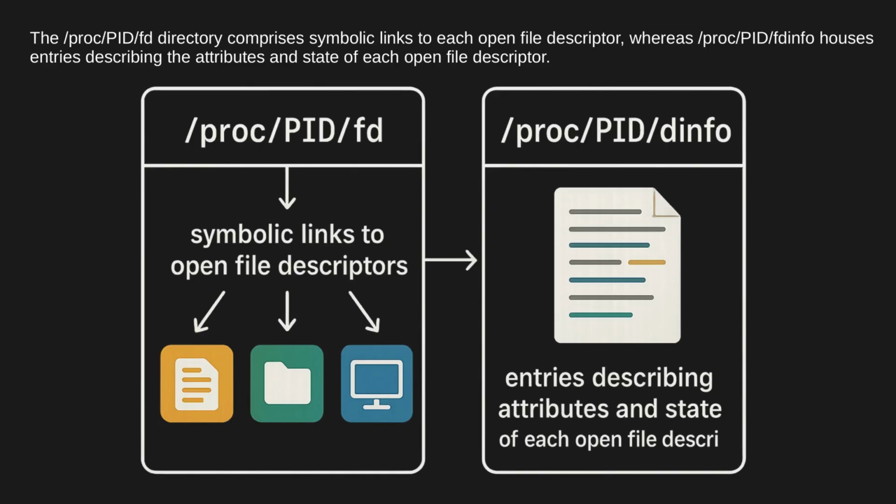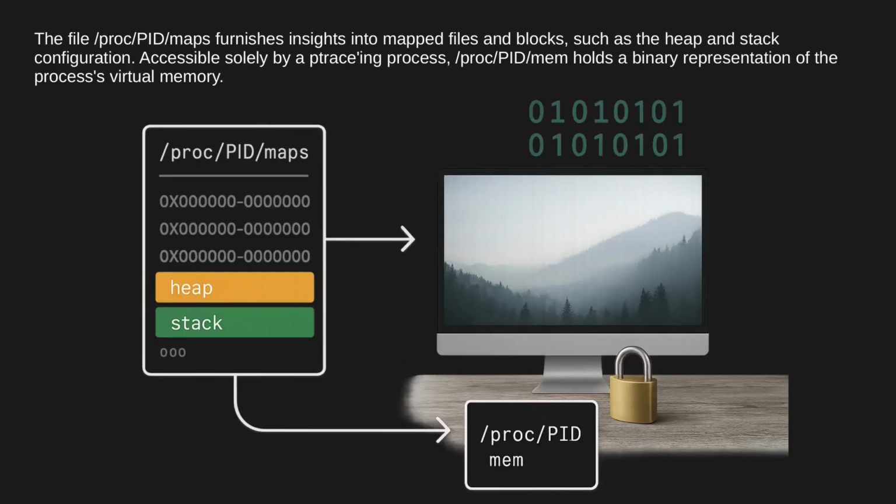The file /proc/PID/maps furnishes insights into mapped files and blocks, such as the heap and stack configuration. Accessible solely by a ptracing process, /proc/PID/mem holds a binary representation of the process's virtual memory.